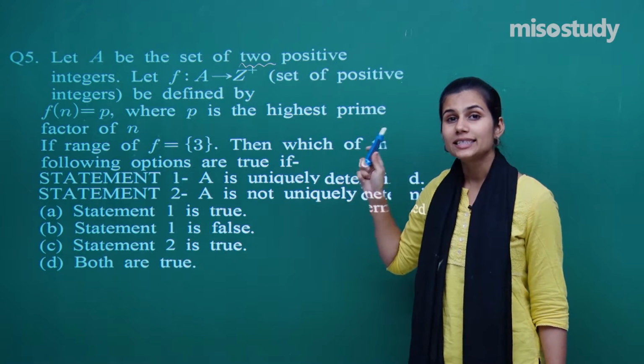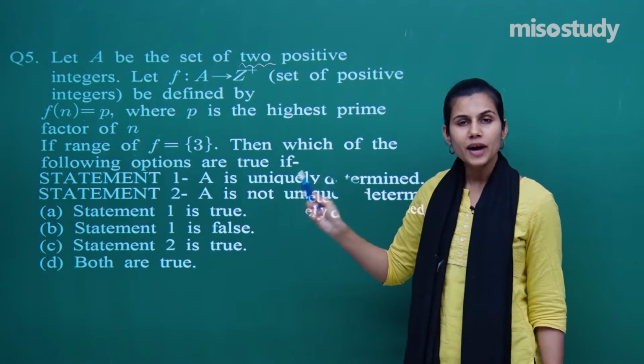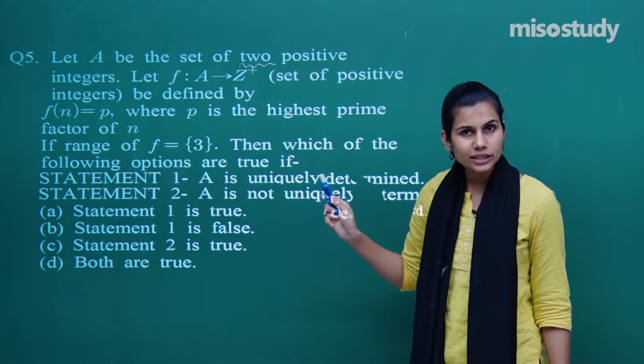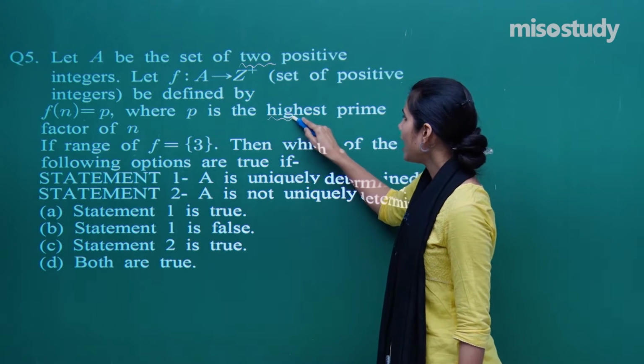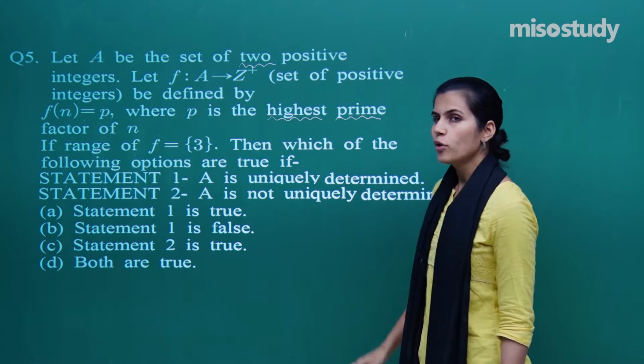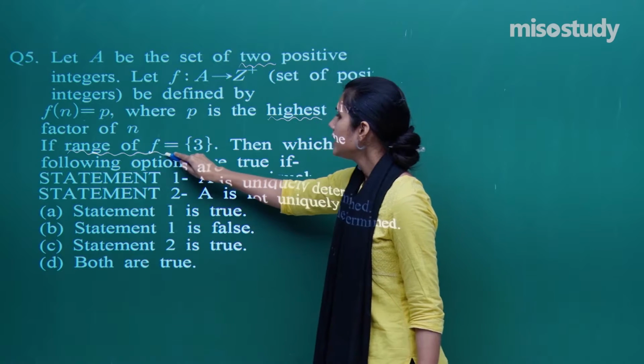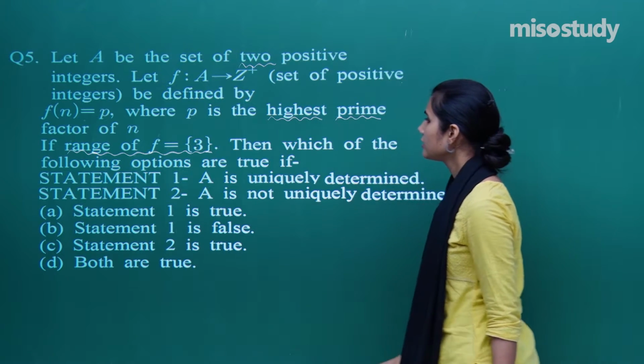The output is that particular integer which is the highest prime factor of the input integer. First of all, highest, then prime. Also, one more fact is given to us, that range of f is singleton 3.